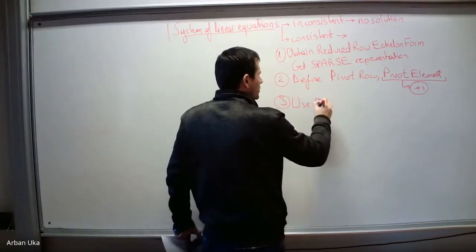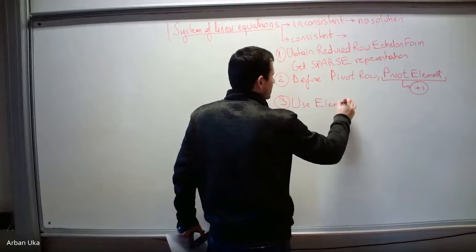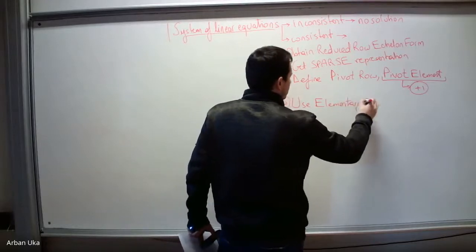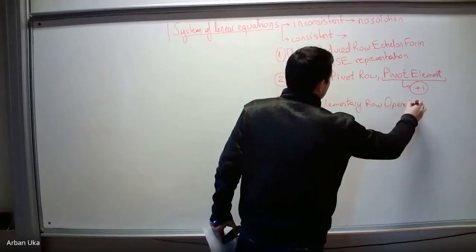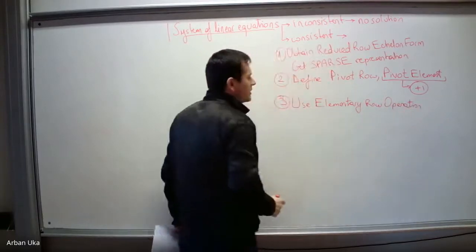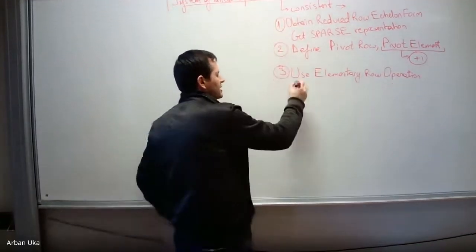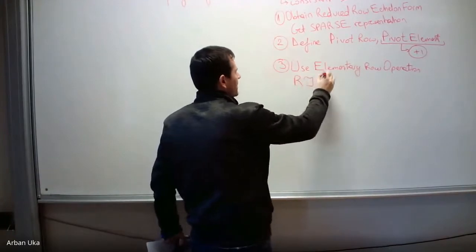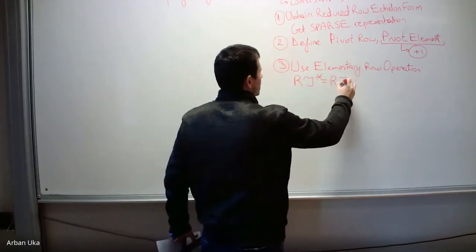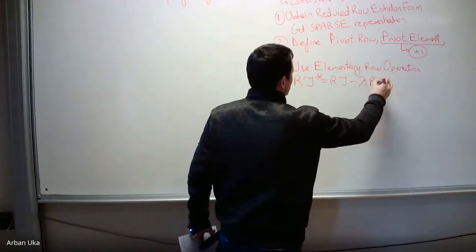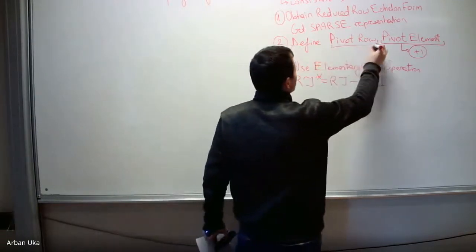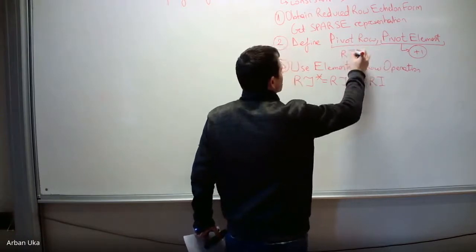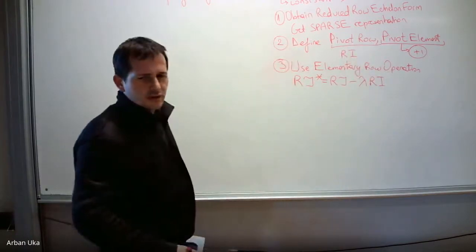Once we do this, we move to the third step where we use elementary row operations. Elementary row operations are defined as row j star is equal to row j minus lambda row i. Let's assume here the pivot row is Ri, could be the first row, second row, third row.